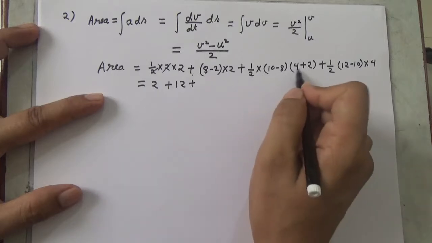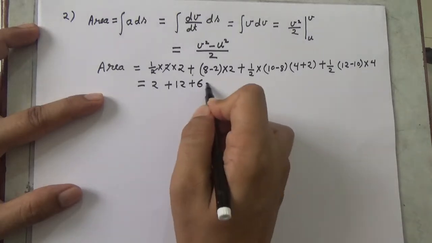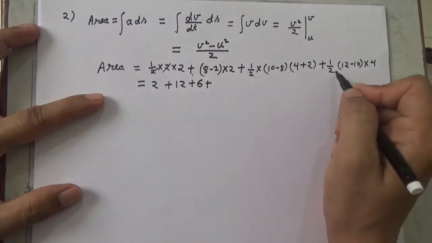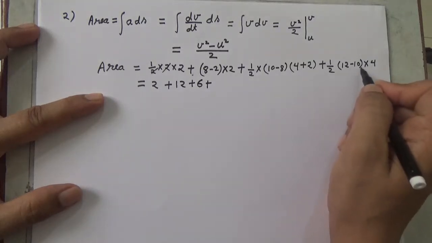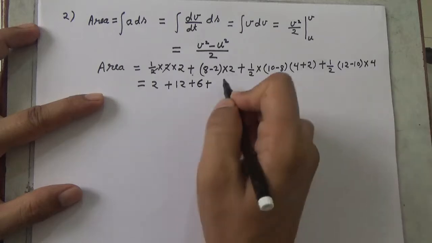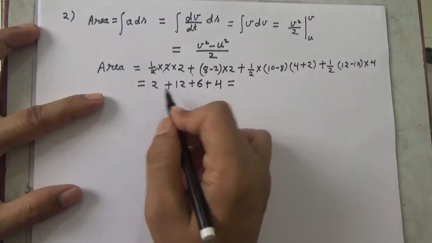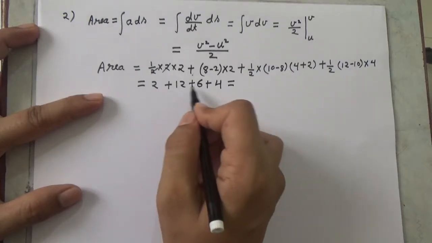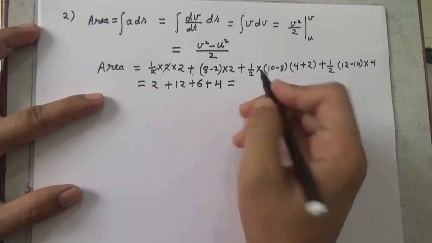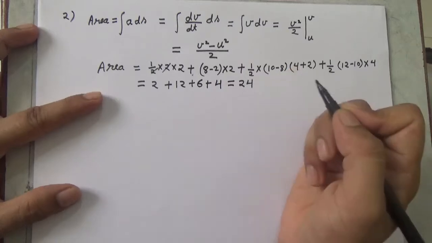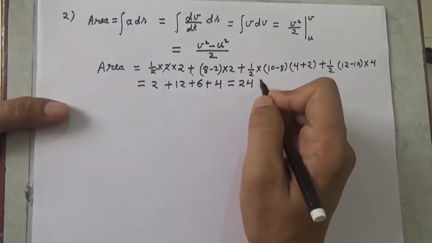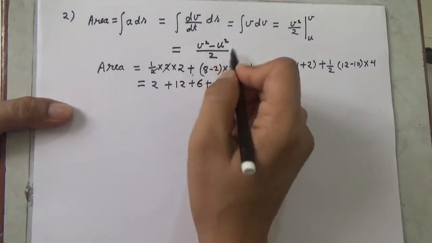So we will have only 4 plus 2, 6 here, and then we have half into 2 into 4, so we will have 4 here. And if we add all this, we are going to get 14 plus 6, 20, 24. We are going to get 24. Now the area is 24, so this area will be equal to this thing.